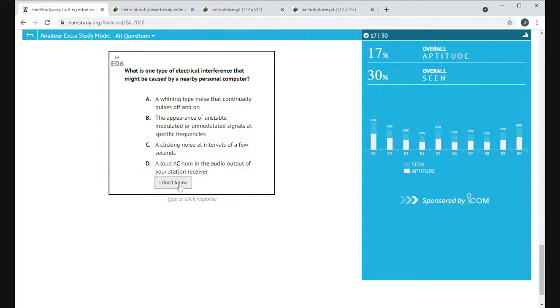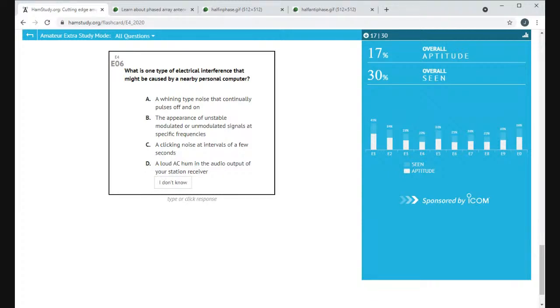Which is one type of electrical interference that might be caused by a nearby personal computer? A. A whining type noise that continually pulses on and off. B. The appearance of unstable modulated or unmodulated signals at specific frequencies. C. A clicking noise at intervals of a few seconds.